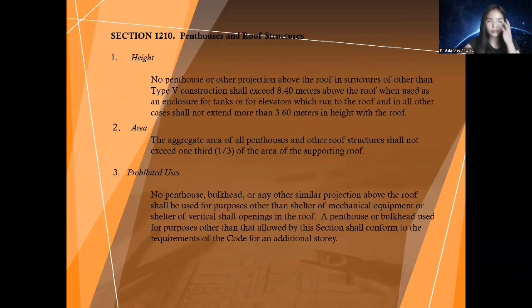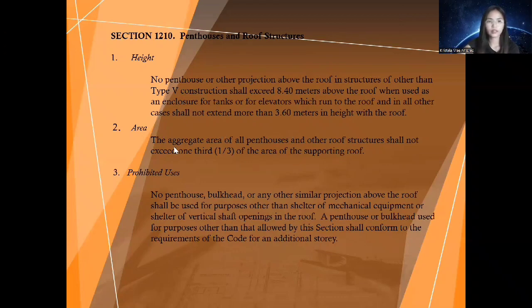So kaning mga penthouses, dapat dili mag-exceed og 8.40 meters above the roof, tapos ang run to the roof sa mga nga cases is dapat dili siya mag-extend of 3.60 meters in height above the roof.